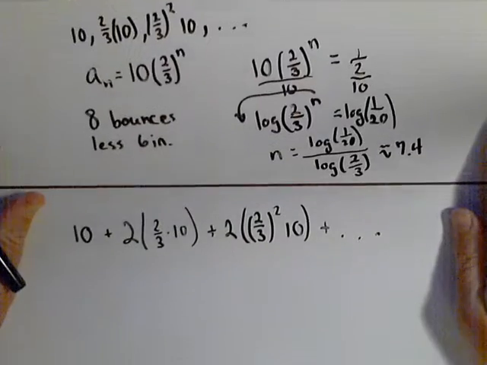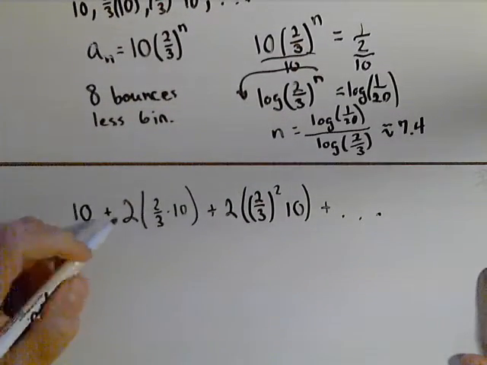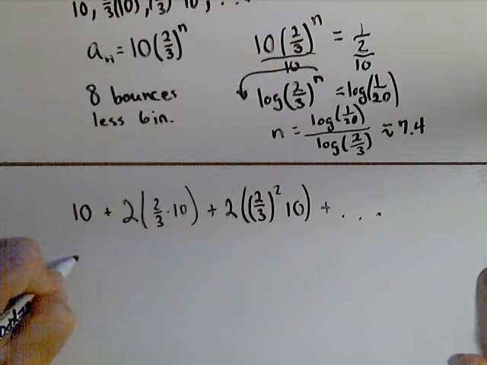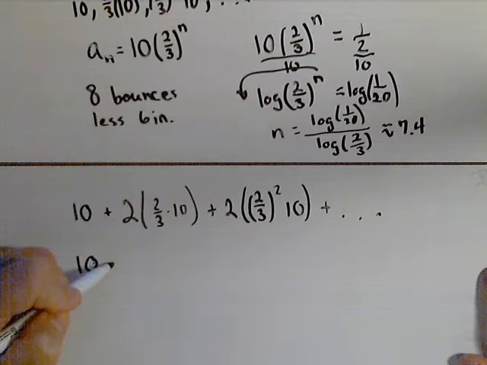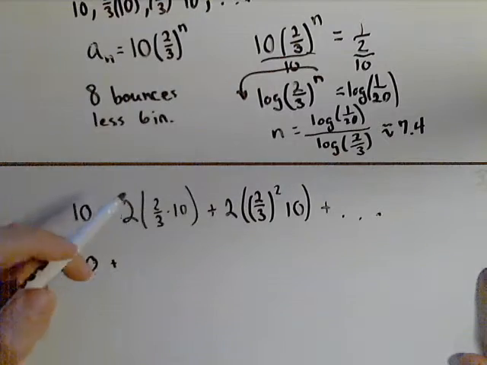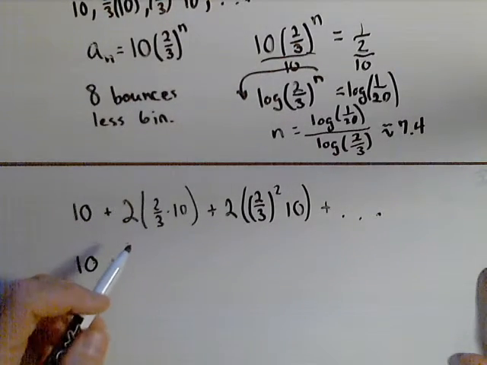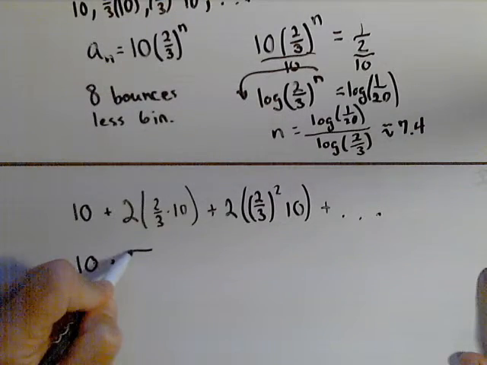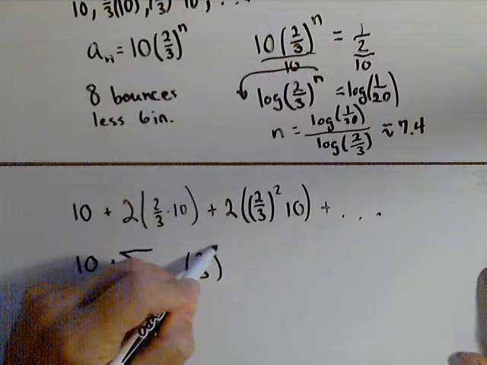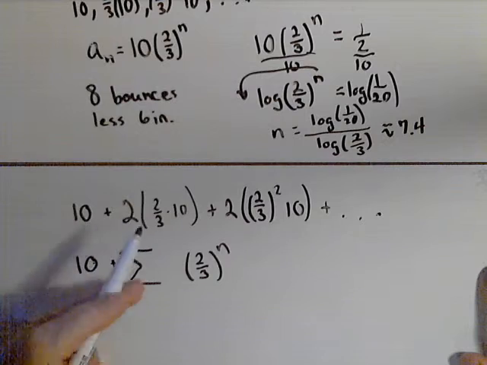So what we have is a geometric series. Now the whole thing may not be geometric because of the 2. This one didn't get doubled. So what I'm going to do is split it. I'm going to have the 10 separate, and I want to see if I can look at the rest as a geometric series. Well, notice I have a common ratio of 2/3 again, and so I have 2/3 to the n, and now my first term is not just going to be 10, it's actually going to be 20.